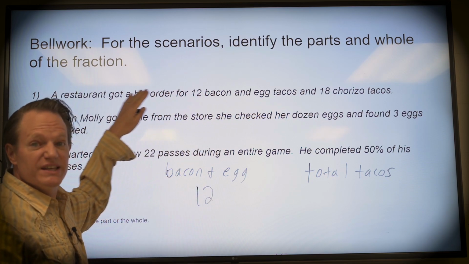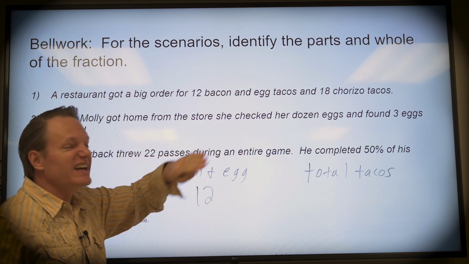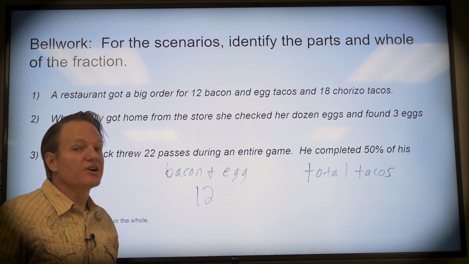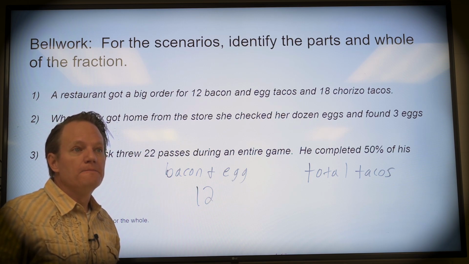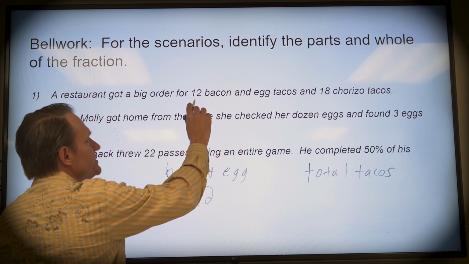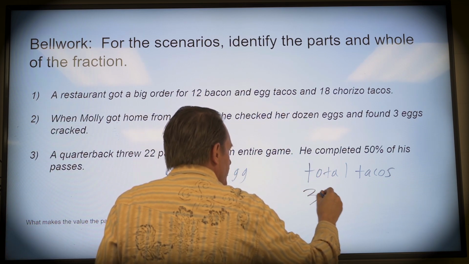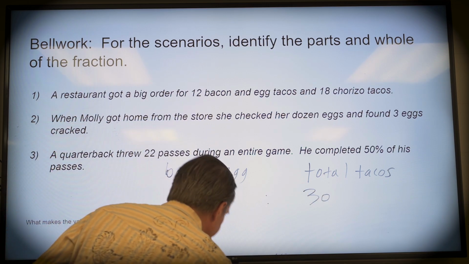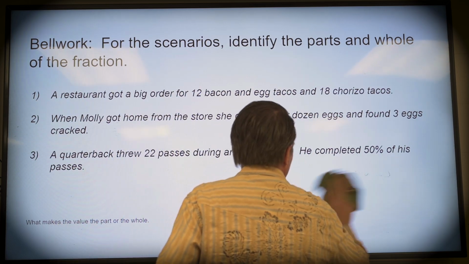This is the only thing that we're given. We got 12 bacon and egg and 18 chorizo tacos. Do we multiply? Subtract? No, we're going to add them. So 12 plus 18 is going to be 30, and that's going to be bacon and egg to total tacos. Very nice. What else do we have?